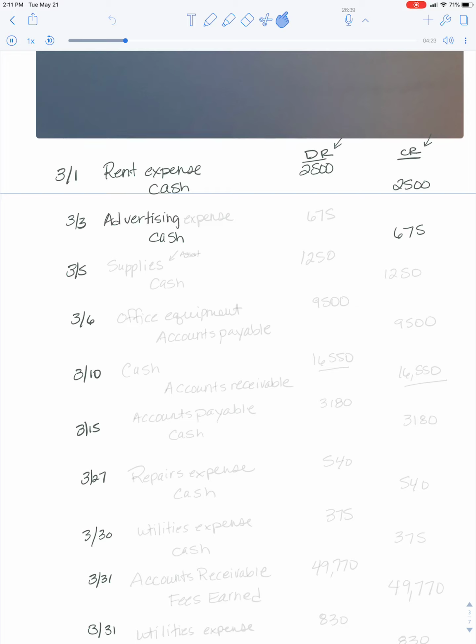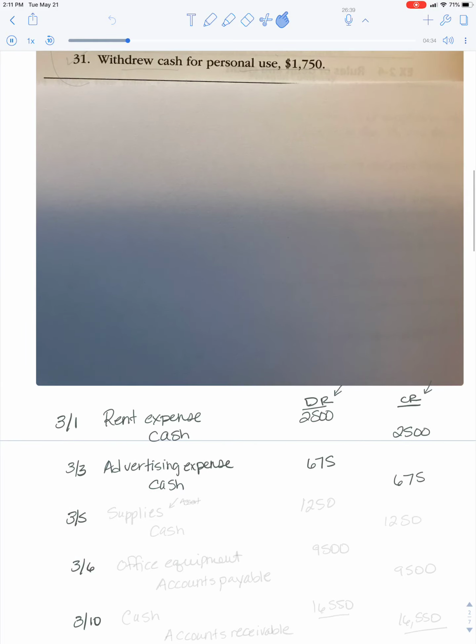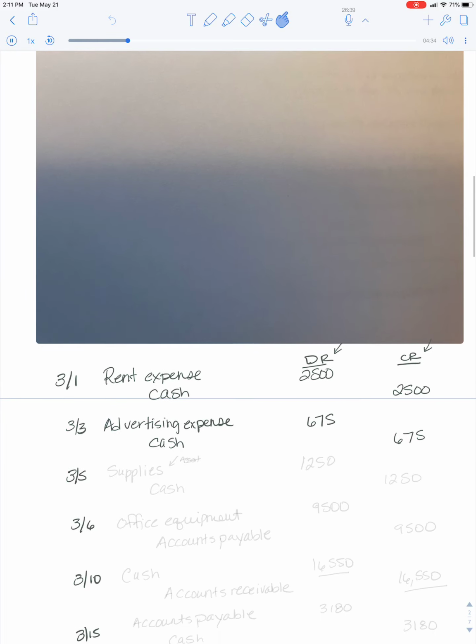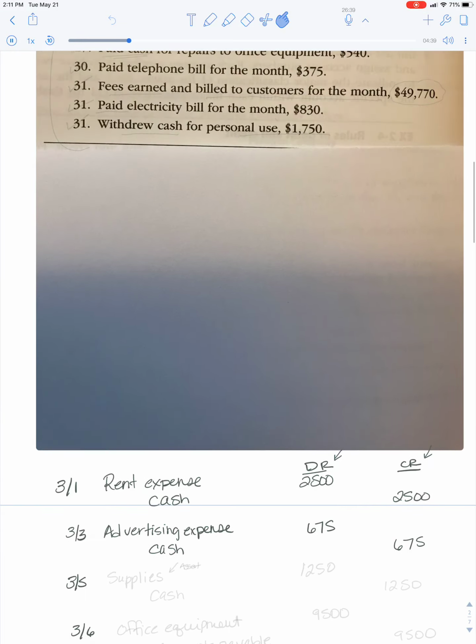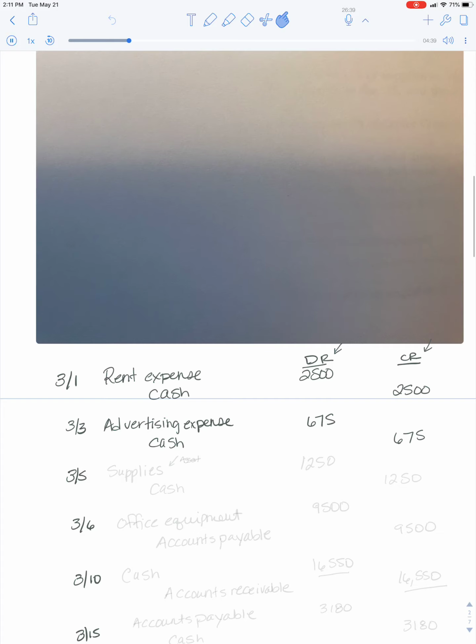Now, advertising expense, just like all expenses, is normally a debit. So we are increasing our expense, so it's a debit. You've got to make sure that you're always in balance on both sides of your journal entry. So if you credit something for $675, you're also going to have to debit for a total of $675.